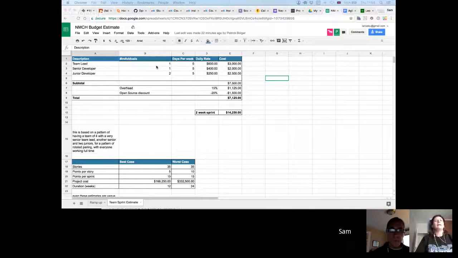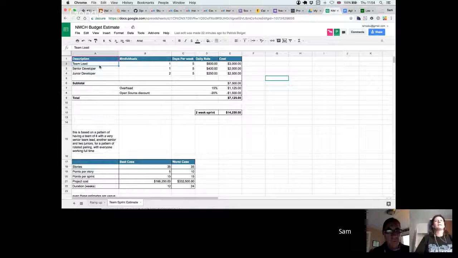This is based on the kind of plan that I put together for other groups, where somebody like myself or Pat might be team lead. This assumes the team lead is somebody with about 10 years of experience coding and managing. A senior developer is someone with 3 to 5 years, and then there's a junior developer.